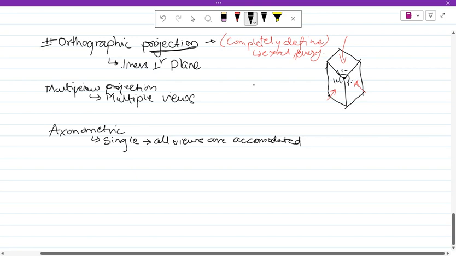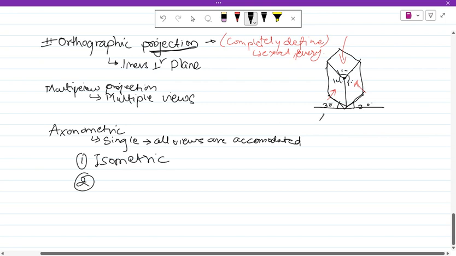In isometric projection, this angle is 30 degrees. The first angle, second angle, they are 30 degrees. In axonometric, if this angle is 30 degrees, this is known as isometric. This is a type of axonometric.